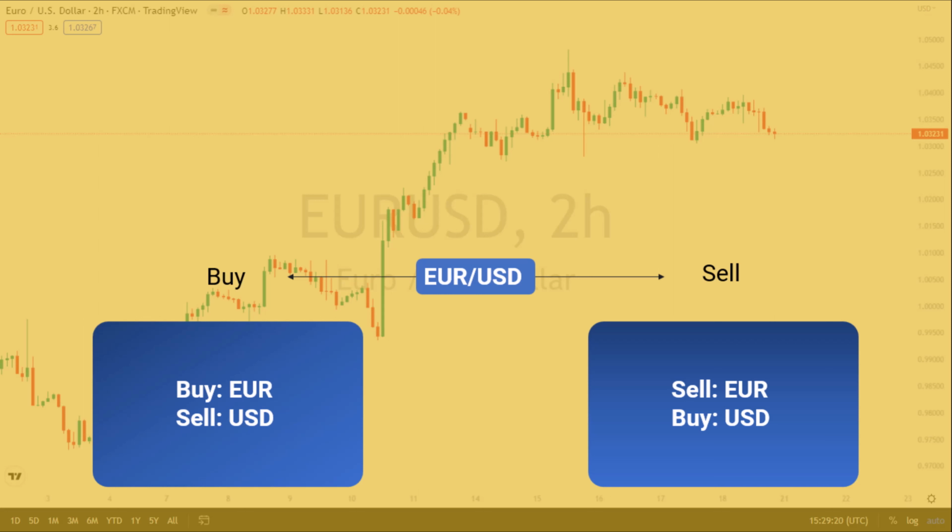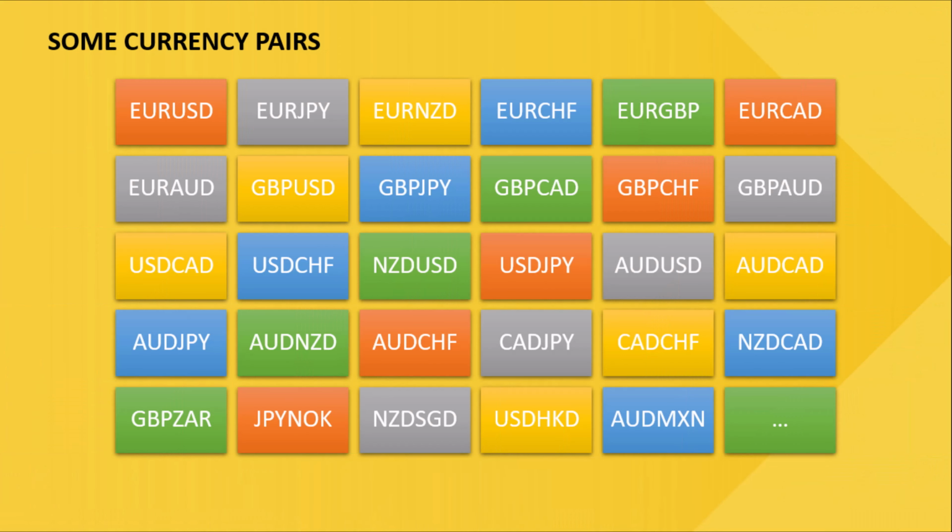So when you anticipate that this market is going to rise, you want to buy the currency pair, and if you are anticipating that this market is going to fall, you want to sell the currency pair. So we have quite a list of currency pairs that one can trade, like Euro USD, Euro JPY, GBP USD, GBP JPY, NZD USD, USD JPY, CAD JPY, CAD CHF, and a long list like that.